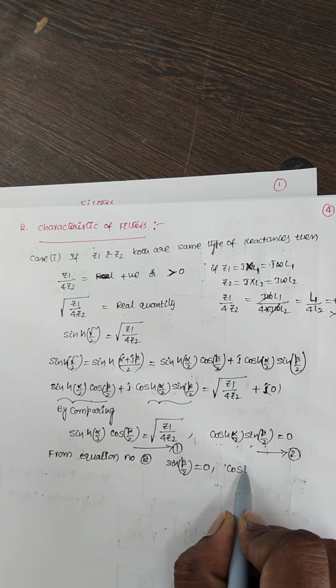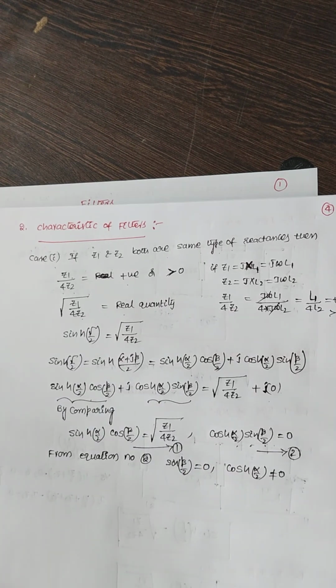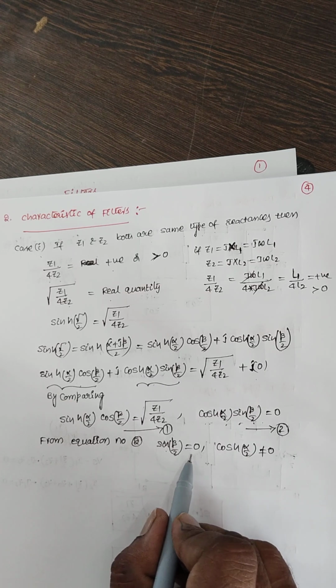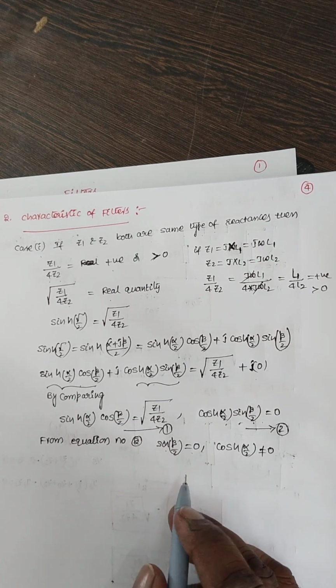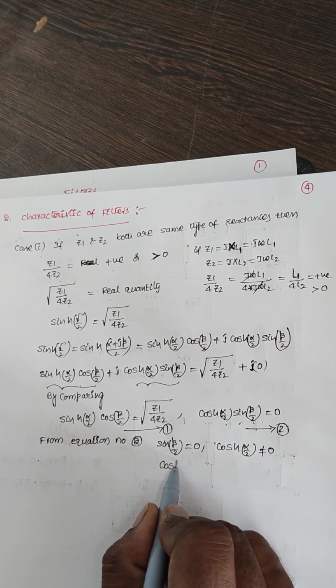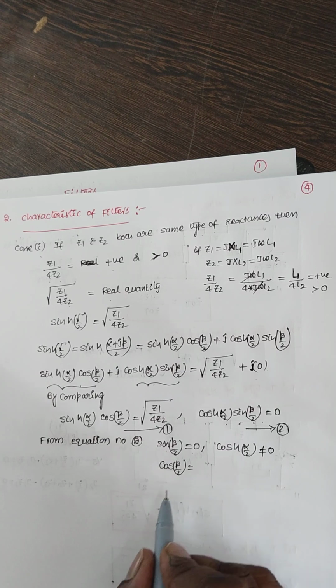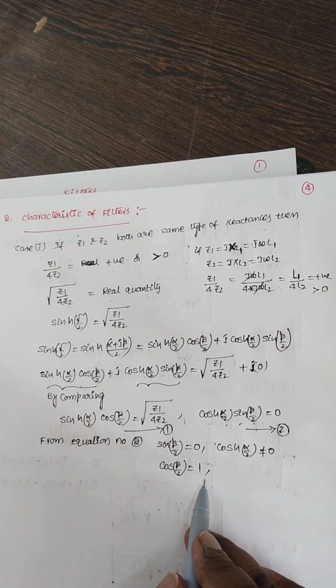But cosh alpha by 2 is not possible to get the value 0 as per the mathematical expressions. So sin beta by 2 is equal to 0. Sin beta by 2 equal to 0 means cos beta by 2 is equal to 1, because sin square theta plus cos square theta is equal to 1.